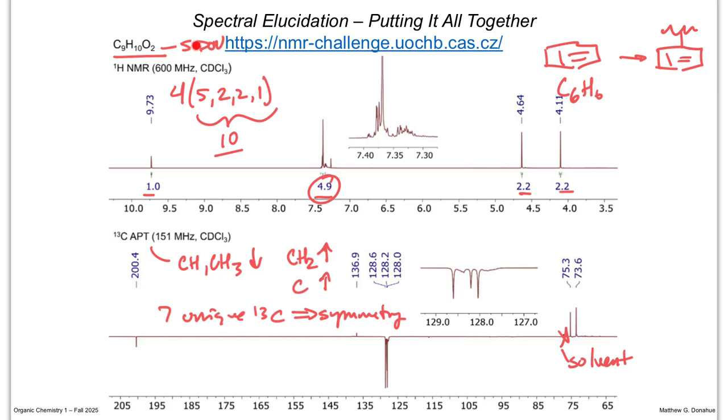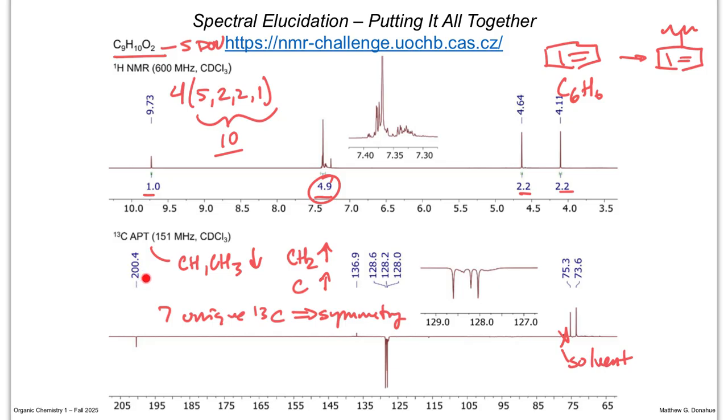What do you think the 1 degree of unsaturation belongs to? What functional group? What type of carbonyl? So see this peak at 200?